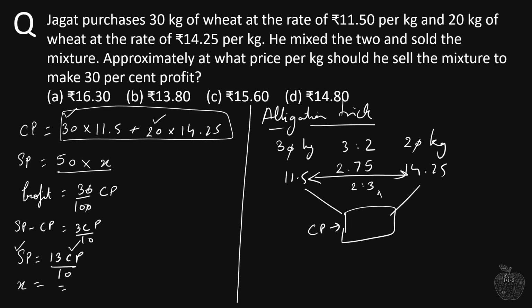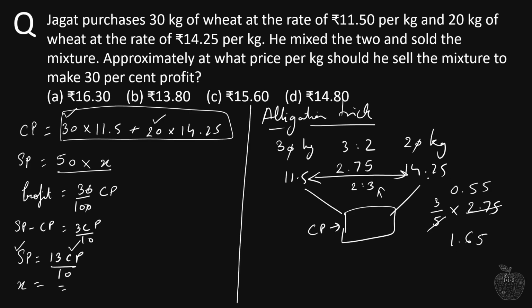Okay, so let's do it with this 3 part. So 3 part of this total 5 part multiplied by this 2.75 will give me 0.55 into 3, which is 1.65. Okay, now we have to subtract this 1.65 from this value.